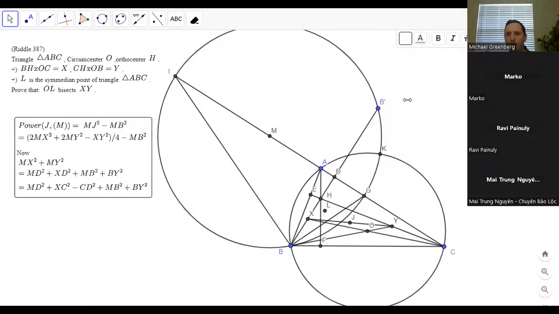But if we plug this in, we would have 2MB squared over 4, which is MB squared over 2, right? And then minus an MB squared. So does it go away, or is there still a minus MB squared over 2?